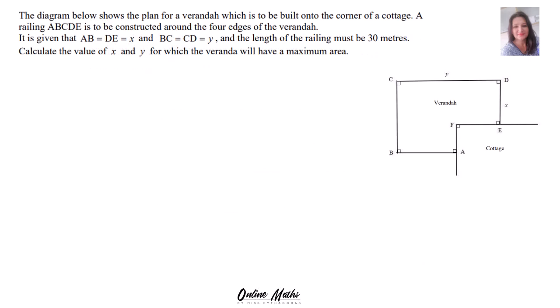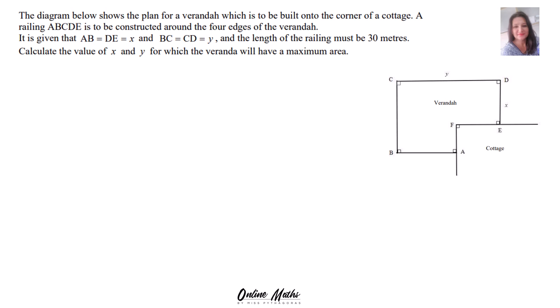The diagram below shows the plan for a veranda which is to be built onto the corner of a cottage. A railing A, B, C, D, E is to be constructed around the 4 edges of the veranda.